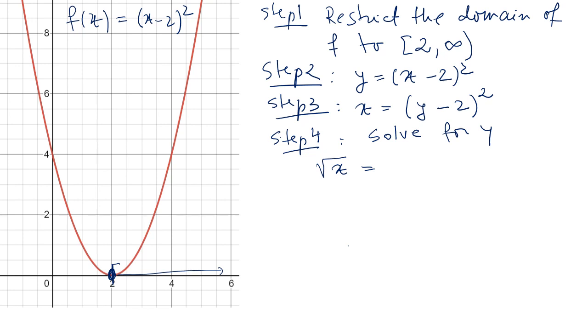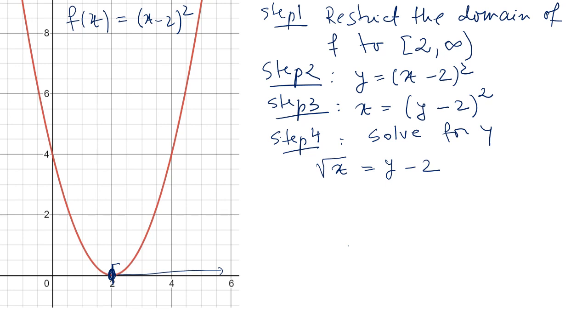So this is simply going to be y minus 2. And because this is a positive quantity, we don't need to worry about taking the case where we have minus square root of x.